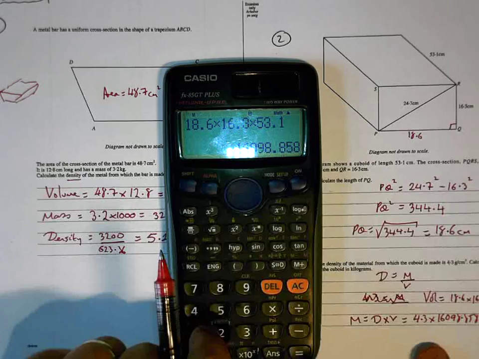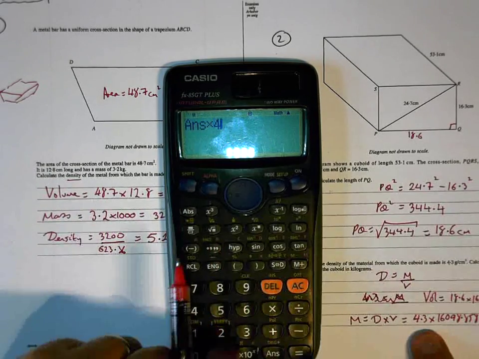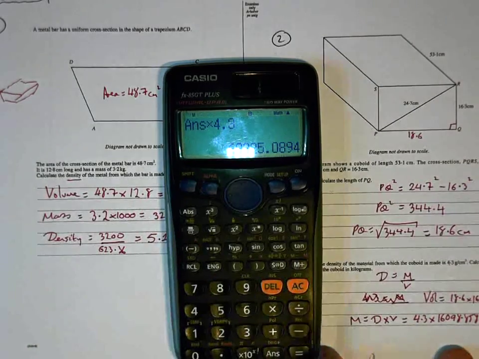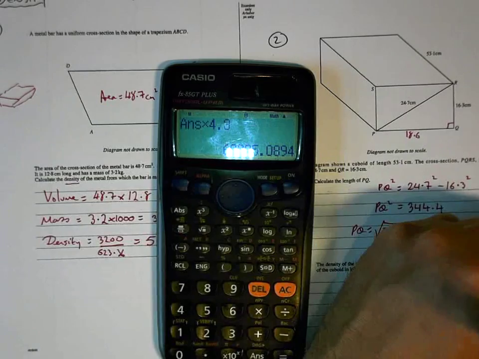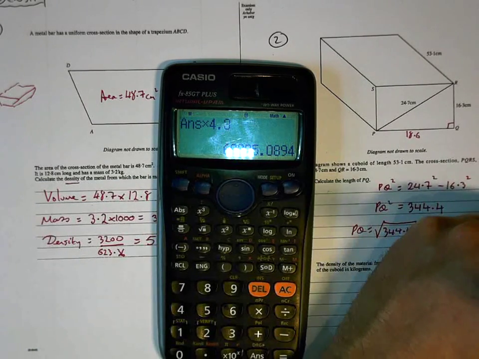So we multiply that by 4.3 and we get 69225. Don't worry about the rest, grams.